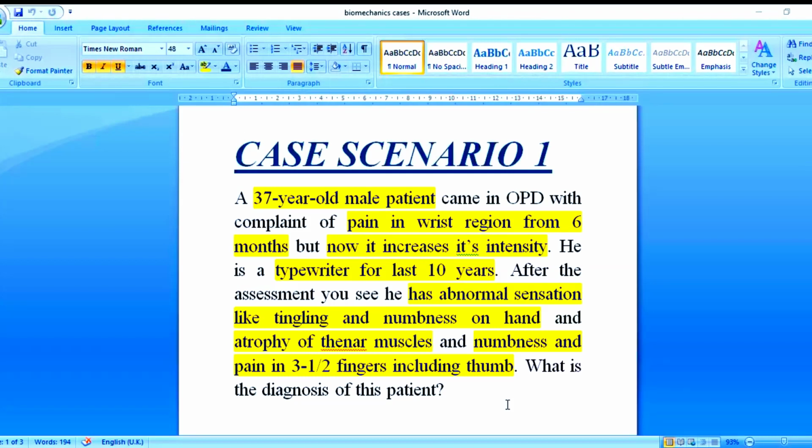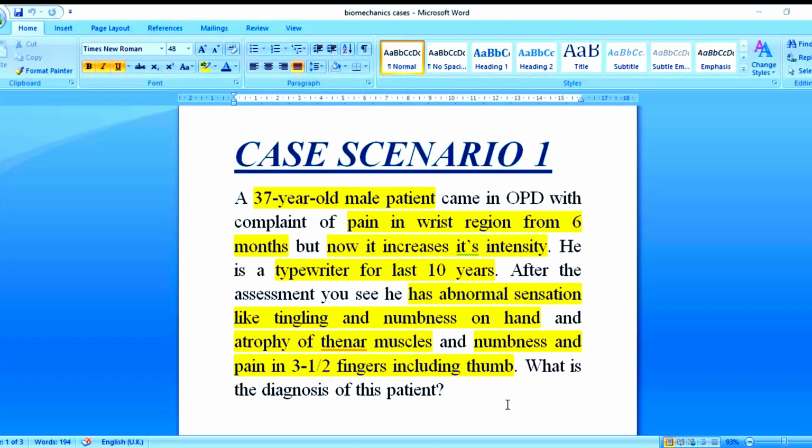Okay, numbness and pain in 3.5 fingers including the thumb. We have discussed that numbness and tingling is present, but here they mention 3.5 fingers including the thumb. That means they have included the thumb, the index finger, the middle finger, and the last one is half of the ring finger.